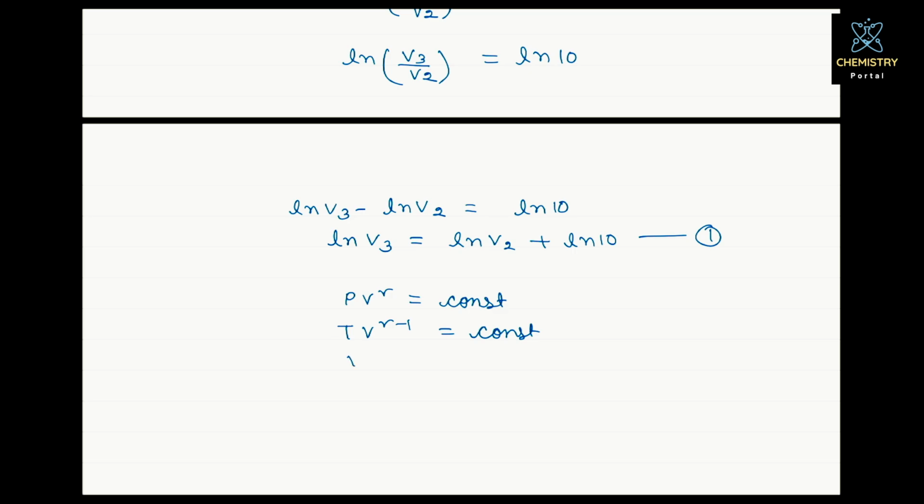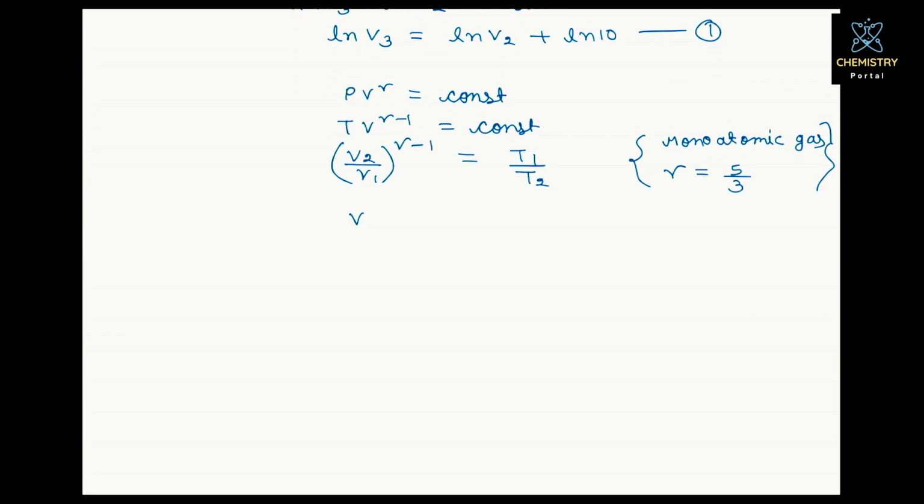So we can write V2 divided by V1 power gamma minus 1, and it is a monoatomic gas. For a monoatomic gas, gamma is Cp by Cv, which is 5 by 3.